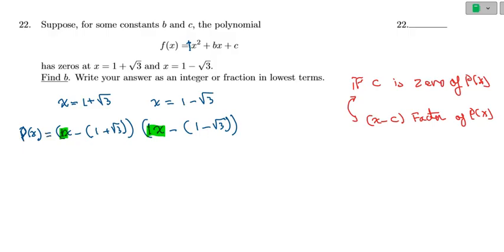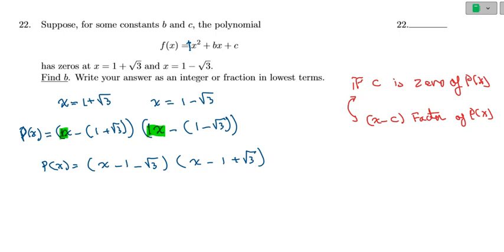So p of x will simply equal x minus 1 minus radical 3 times x minus 1 plus radical 3. All right, so here I just took the parentheses away. Now there are plenty of ways to do this. It's up to you. You can use the formula or you can use a table.